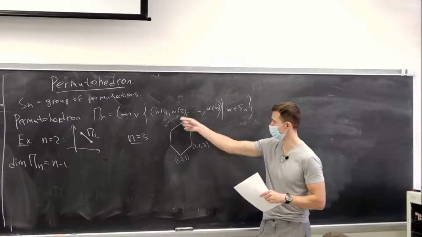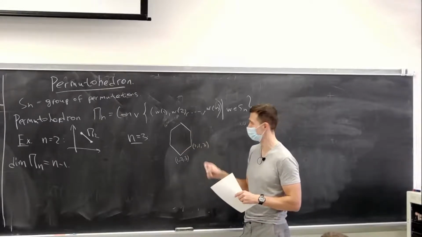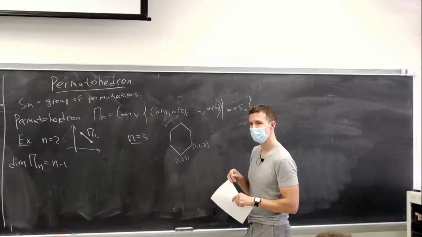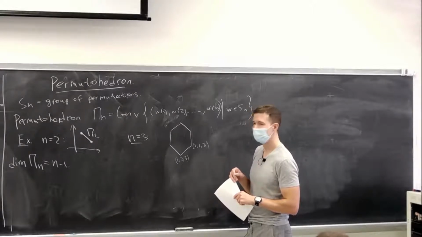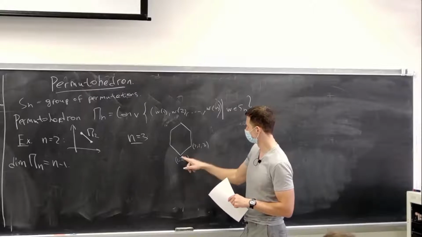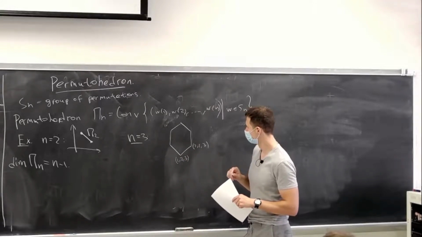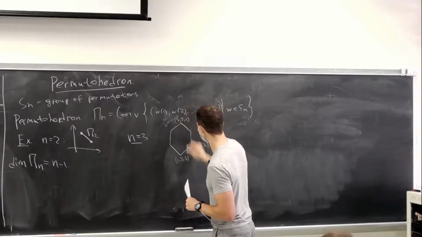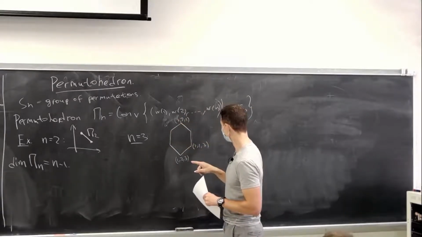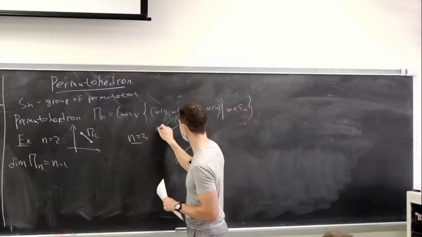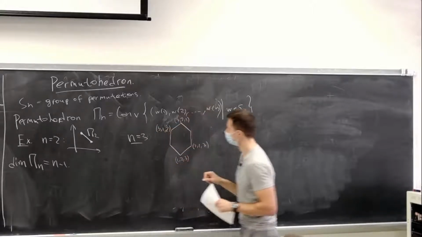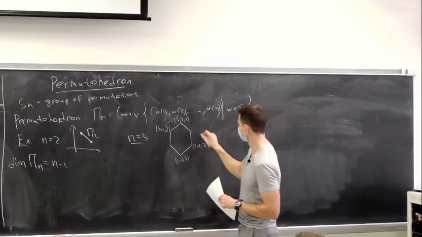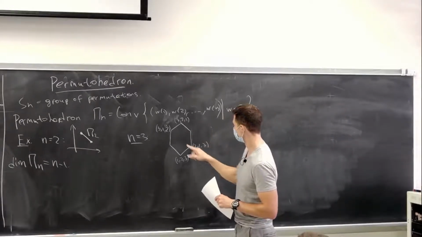What are the coordinates of the 6 vertices in counterclockwise order? 1, 2, 3 is already here. Okay, the top is going to be 3, 2, 1. That's good. And this one is probably going to be 3, 1, 2. Then 2, 3, 1. The center is 2, 2, 2.